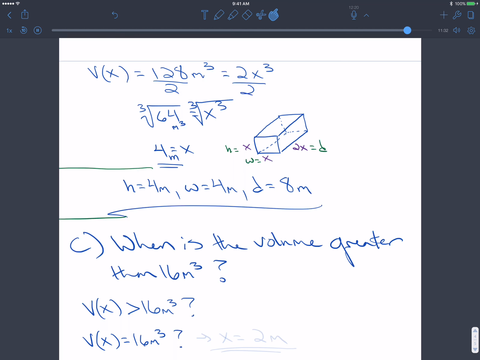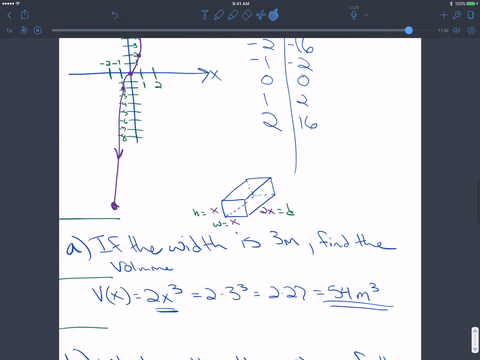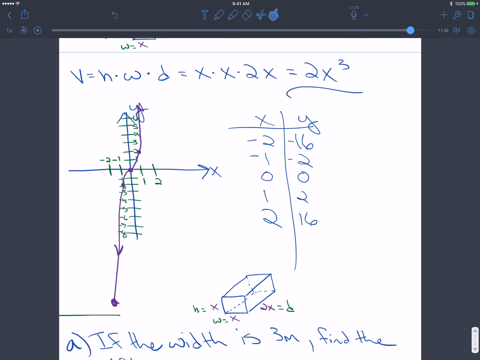Luckily, we did that in the table, and we got 16 meters cubed when x was equal to 2 meters. Since we got that from our table, we can use that to our advantage. So it's equal to it when x is equal to 2.